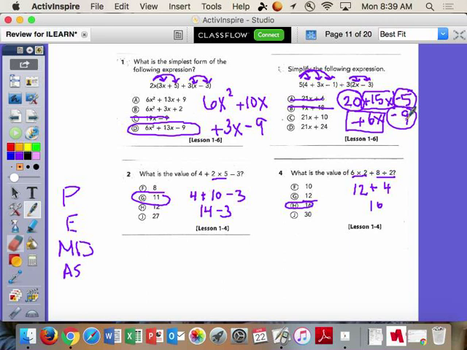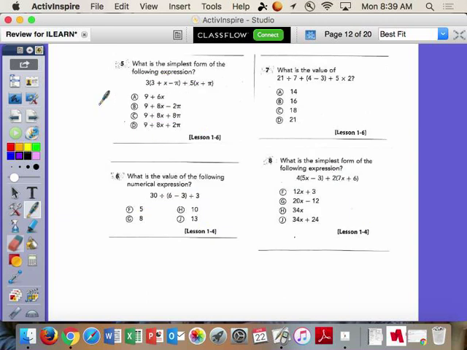Is none of these. Oh, goodness gracious. Right here. My bad, guys. It's 6. There you go. All right. 3 times 3, that's 9. Plus 3 times x, that's 3x.